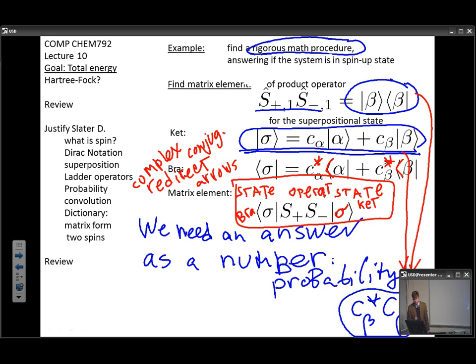Okay. So what we are going to do, we are going to take our bra, our operator, and our cat, merge them together and see what is happening. It's a very basic operation. It may take a little writing, but not too much.